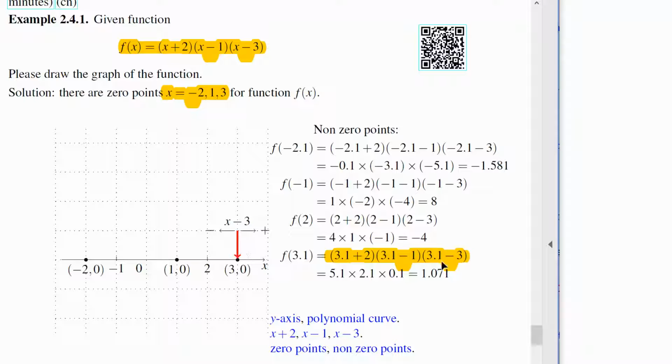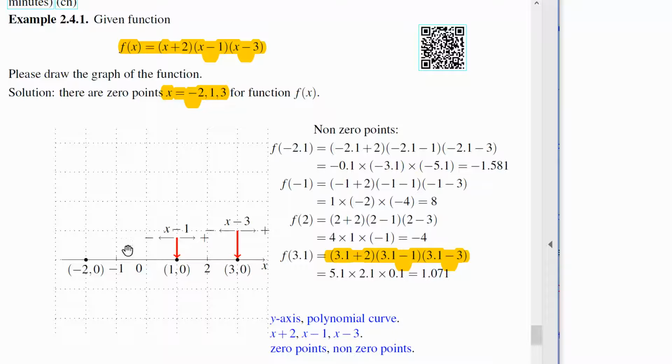The same is the case for x minus 1: 3.1 minus 1 is also greater than 0.